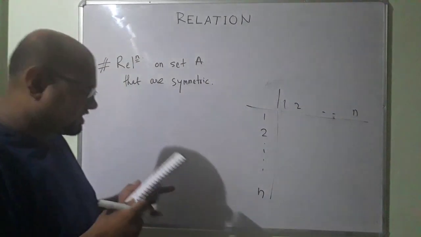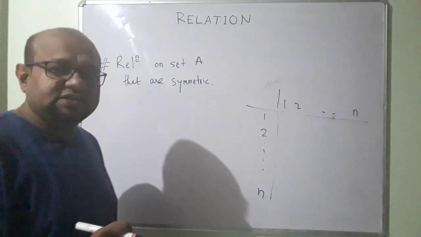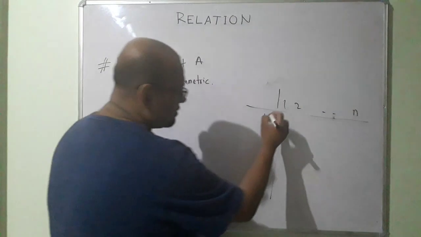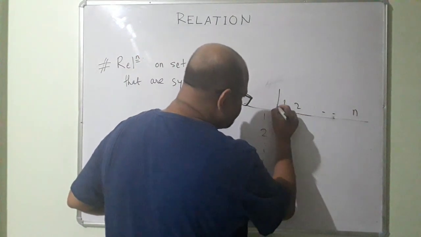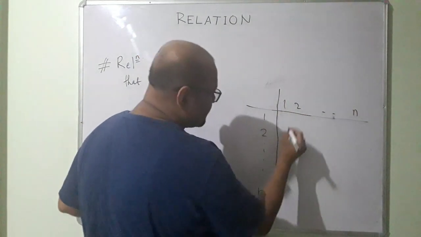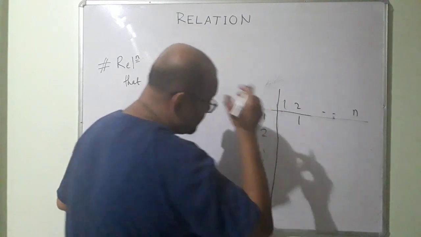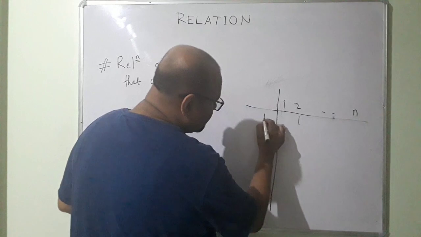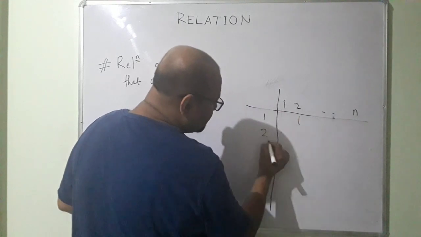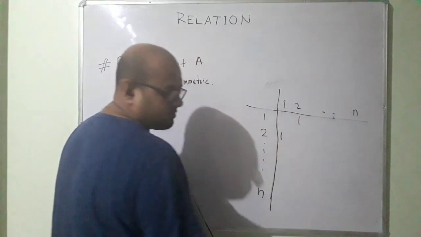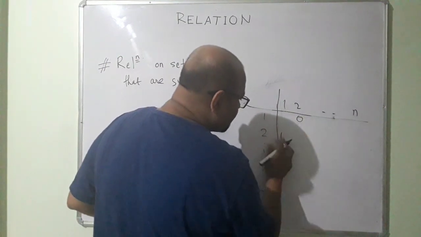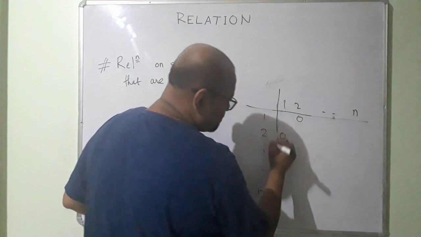Question. How many of them are symmetric? Let us try to remind ourselves what symmetric means. Symmetric means that if (1,2) is filled with 1, then (2,1) must also be 1. If (1,2) is 0, then (2,1) must also be 0.